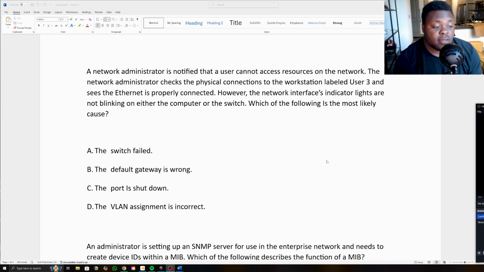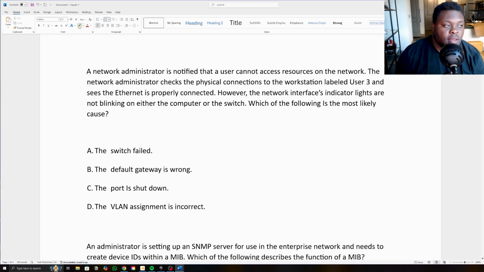Answer choice C is the port is shut down. This is a good answer choice. And answer choice D, the VLAN assignment is incorrect. Again, this could be correct, but it seems like they want us to focus on the network interface indicator lights are not blinking on the computer or the switch.